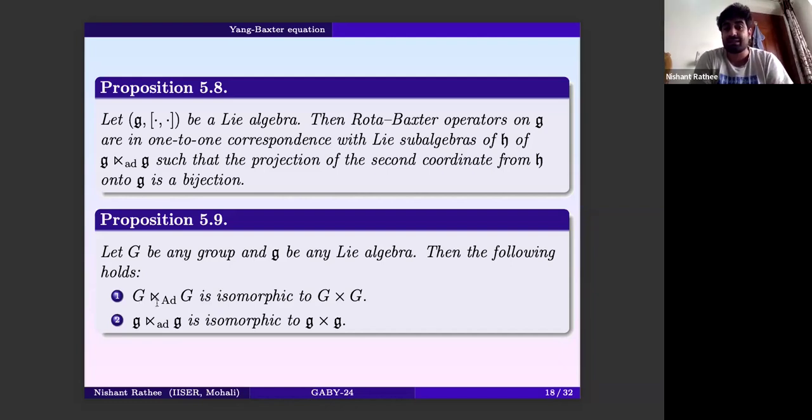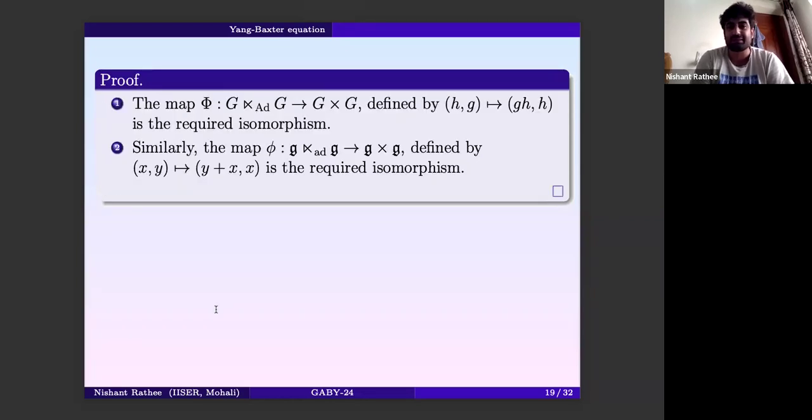So what I did is identify this semi-direct product with a known group, and then we know the exponential map of the direct product. It is just (x, y) going to (e^x, e^y). So the direct product case is really simple. That's why I proved this theorem, and the proof is really simple.